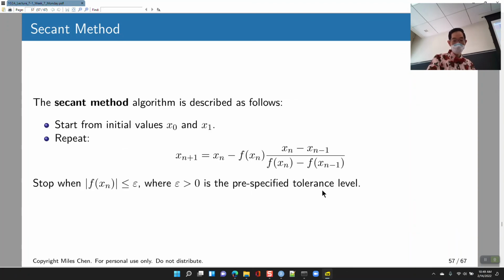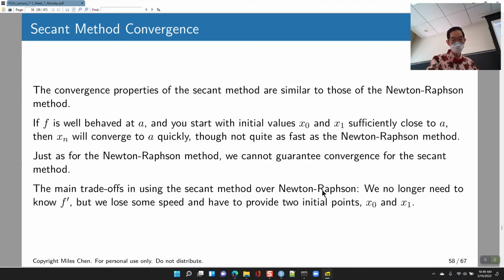So you plug that in, and here's what code for this would look like. I guess I didn't write the code. But basically, the convergence properties are quite similar to the Newton-Raphson method. If it's well behaved, it'll converge, and if it's not, we can't guarantee convergence.